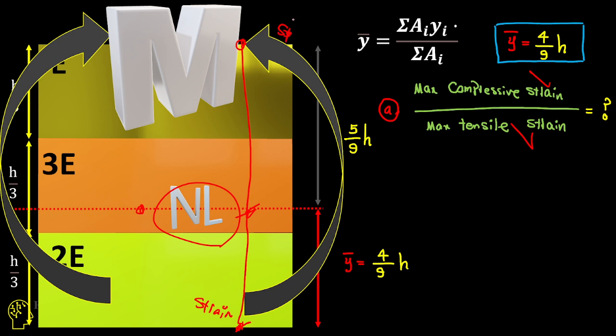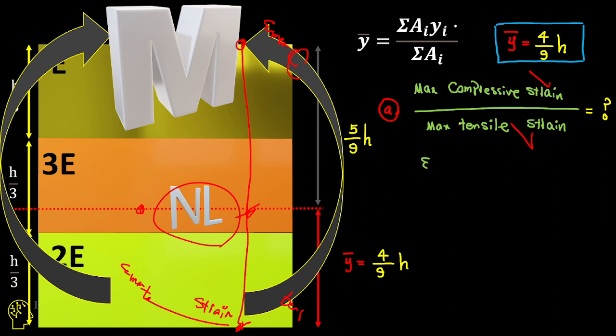So this is epsilon maximum compression, and this is epsilon maximum tension, because a positive moment pushes the top and pulls the bottom. So this is the compression zone, and this is the tensile zone.